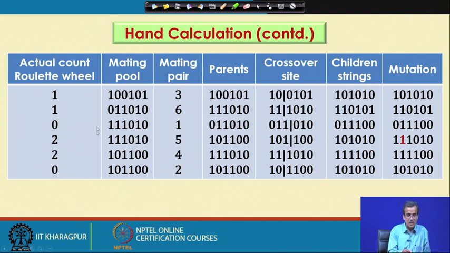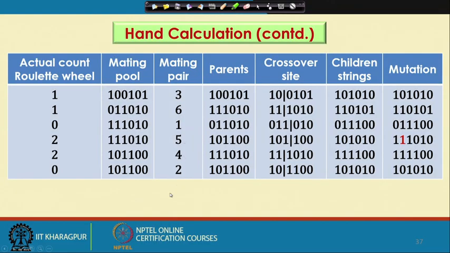Once you have got this mating pool, now I can select the mating pair. The reason why you go for the mating pool is that we want to select only the good solutions, because if the parent solutions are good, the probability that we will be getting good children solutions will also be more.